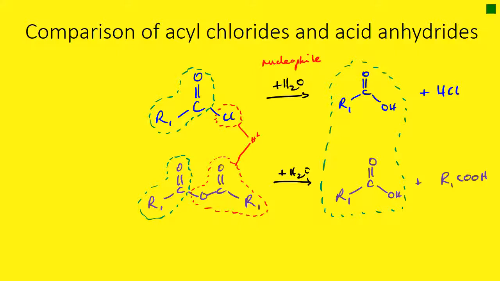So just looking at the right hand side, our hydrogen that ended up in hydrogen chloride and our hydrogen that ended up on this acid molecule, they came from the protons of the nucleophile, and the rest of the secondary product was the leaving group, and this was the leaving group from the acid anhydride.